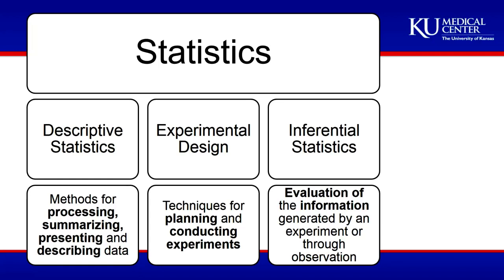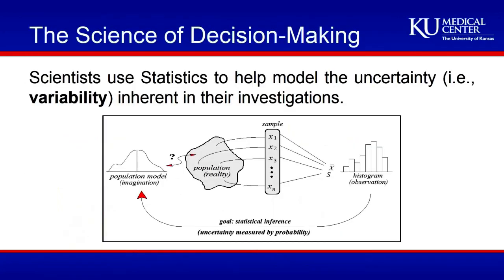And that's all generated preferably by experimentation, but it can also be done through observation as well. We just have to understand that the context really defines the limitations of the results of any kind of inferential statistical method. So again, the way statistics is used is it allows us to figure out where the variability in outcomes is coming from.